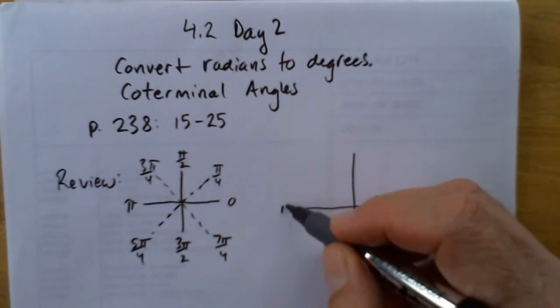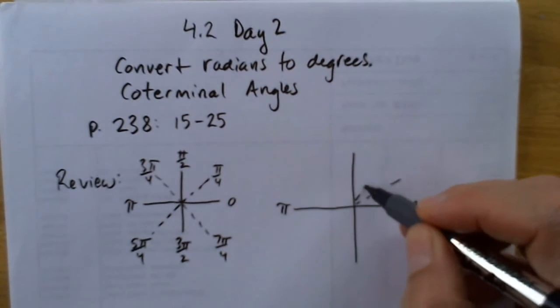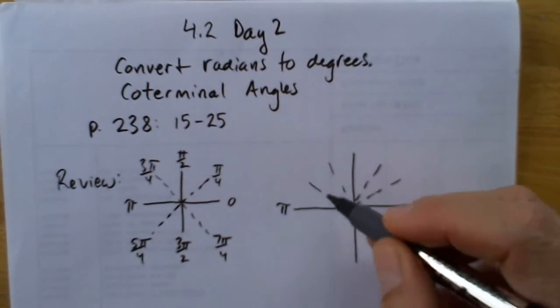we can also go 0 to pi, and then we'll divide it into sixths.